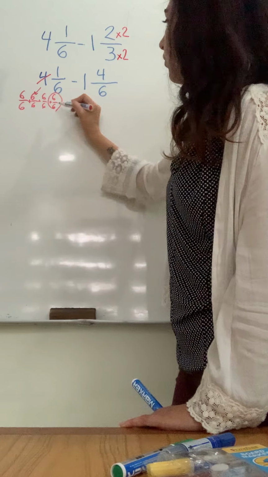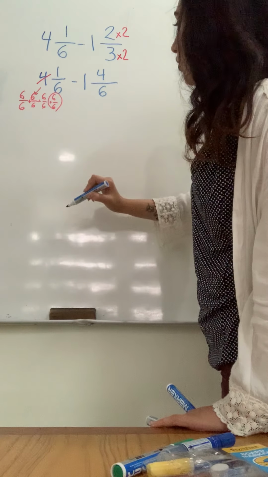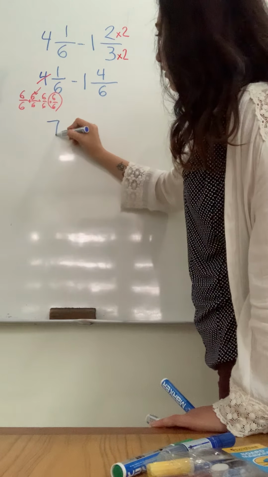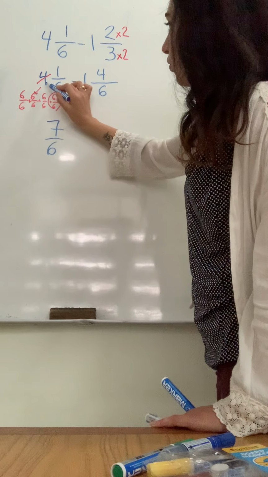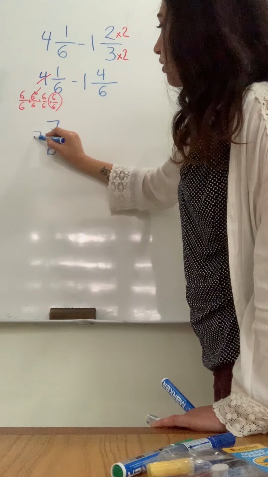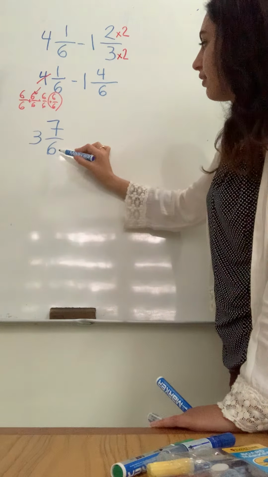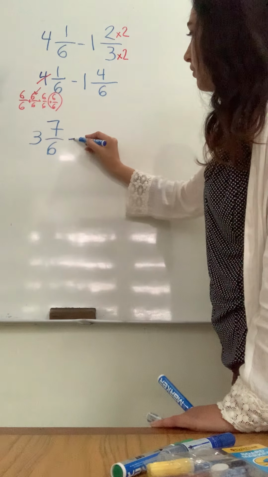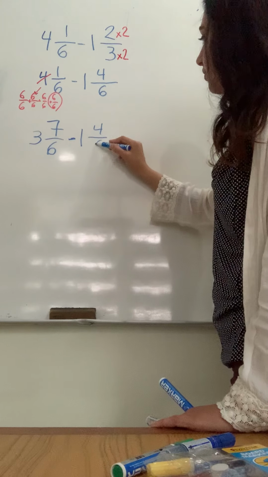I need only one of them. 6/6 plus 1/6 gives me 7/6. And the 4 has become 3. 3, 7/6 minus 1, 4/6.